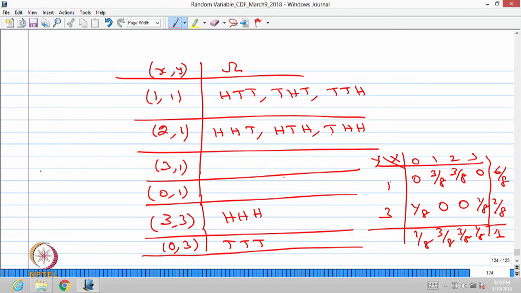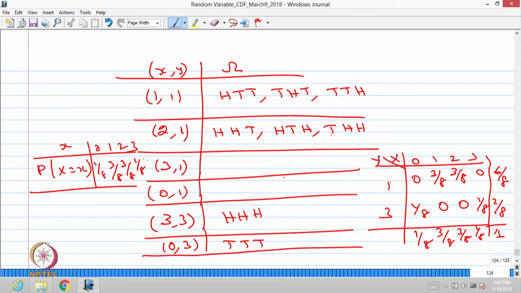That means the probability mass function of x, for different values of x, 0, 1, 2 and 3, is going to be: for x equal to 0, 1 by 8, for 1, 3 by 8, for 2, 3 by 8 and for 3, 1 by 8.